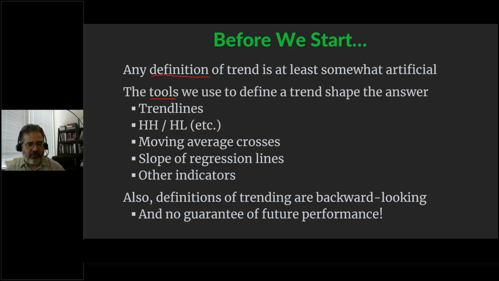Common tools are right here: trend lines. One of the most effective, I think, is to look for a market making and holding higher lows and higher highs, but even that is subject to some confusion. It is a useful framework, but you have to understand how to apply it.